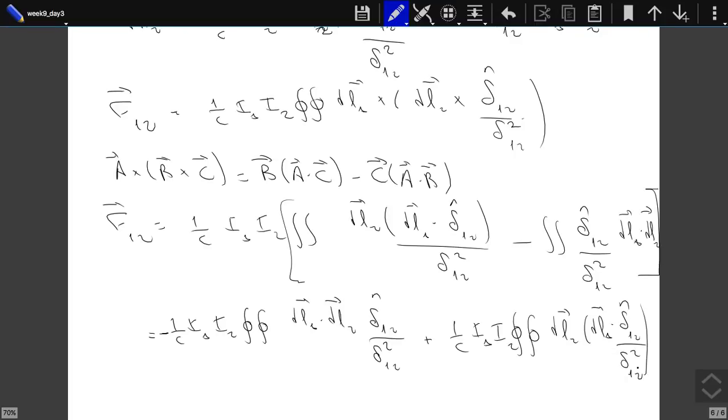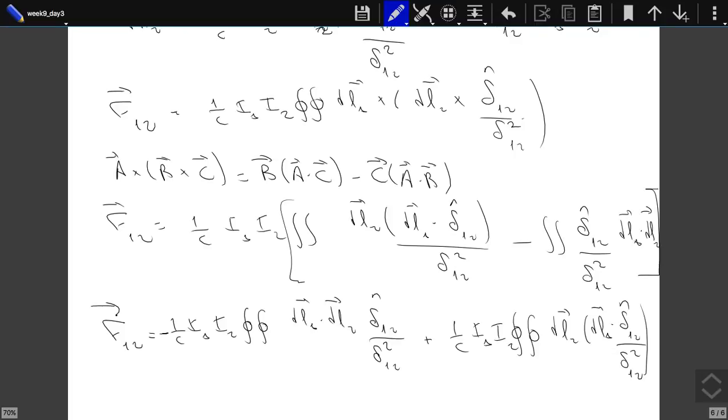Well, the first one is nice. This is the force exerted on the first wire due to the second wire. Later on, we will compare it with the force exerted on the second wire due to the first wire. But to calculate that force, the derivation will be identical, just change 1 and 2 everywhere.